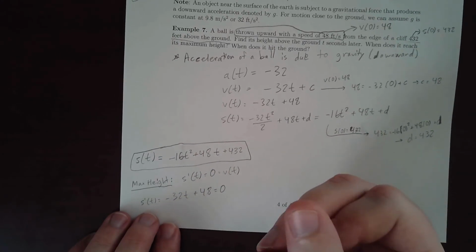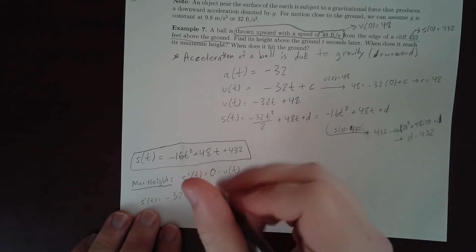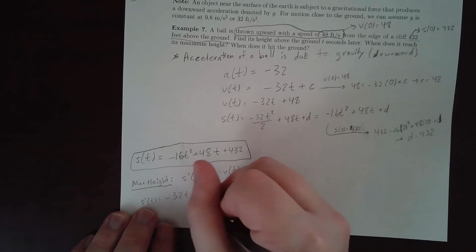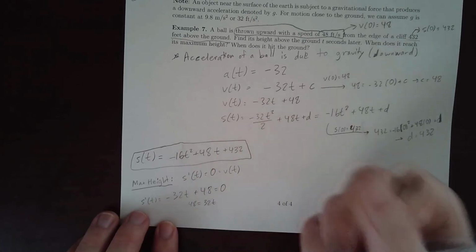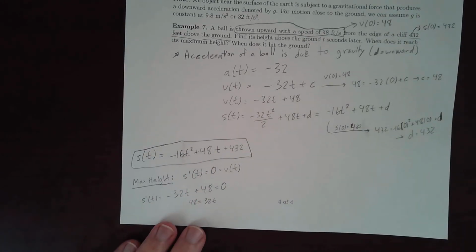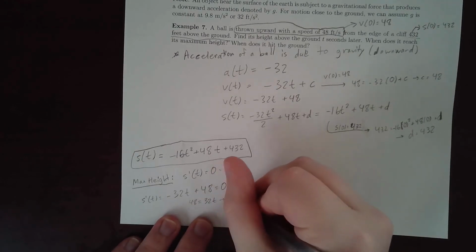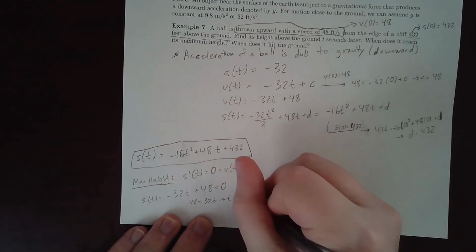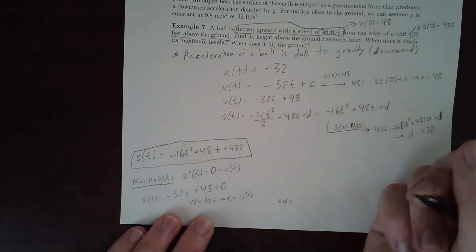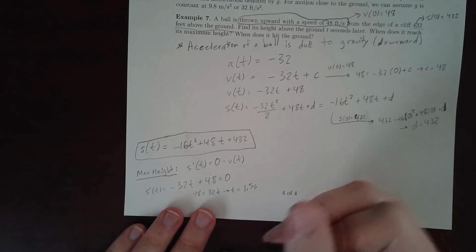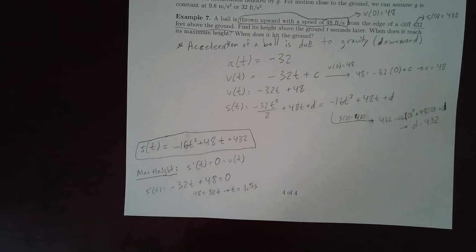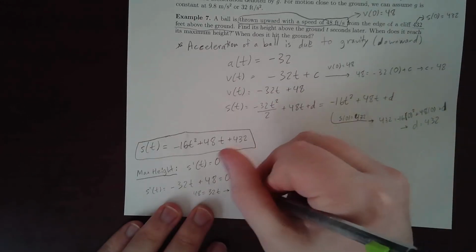So if we set it equal to 0, we can add 32t to both sides to get 48 equals 32t. Then we can divide both sides by 32, and we end up seeing that this will happen when the time equals 1.5 seconds.